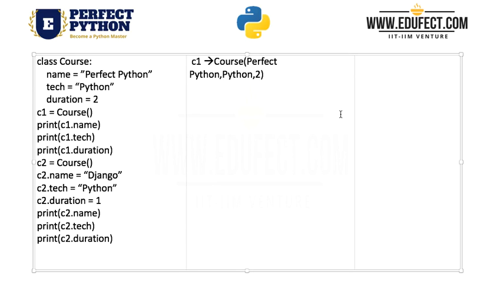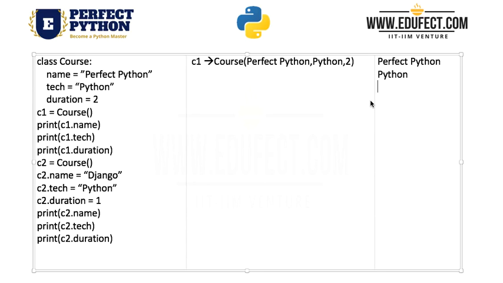These are the values we have for C1. Now when we print C1.name, what will get printed is Perfect Python. Then when we print C1.tech, what will get printed is obviously Python. And when we print C1.duration, it will be 2.